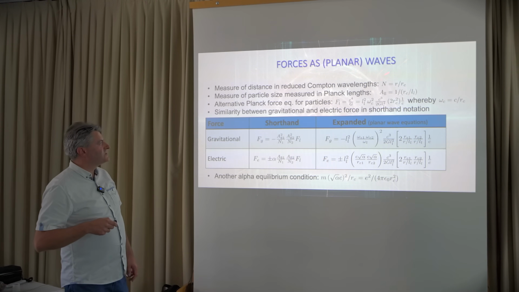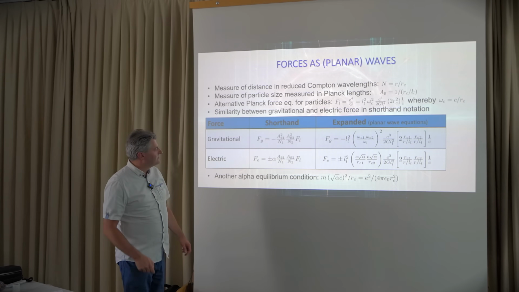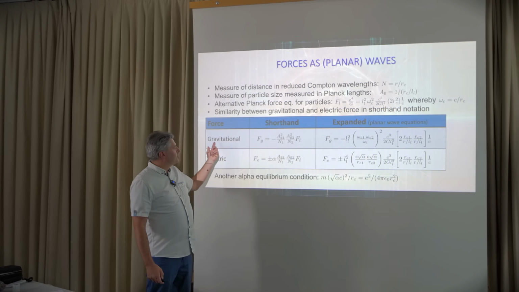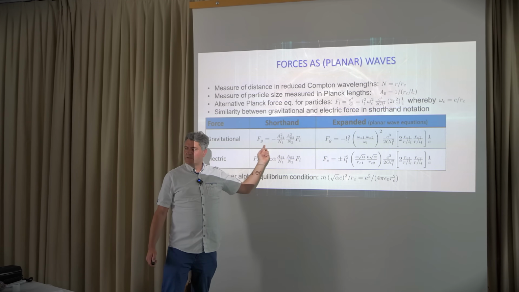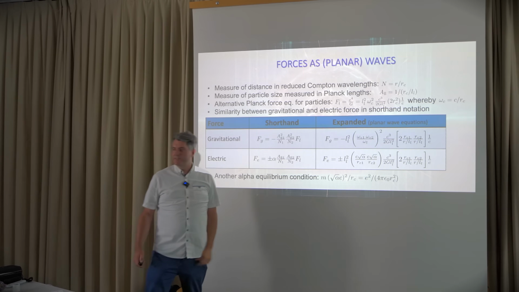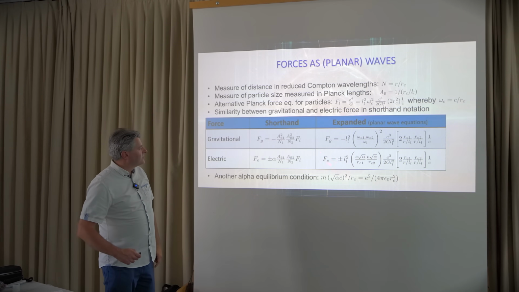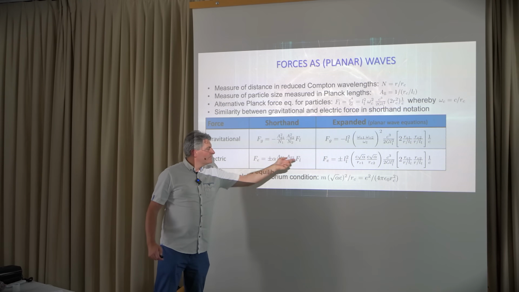These are two measures that are used for the shorthand notation. And curiously, it's possible to write the gravitational force in this form. It's exactly the same as the Newtonian gravity. And you can write the electrostatic force like this.